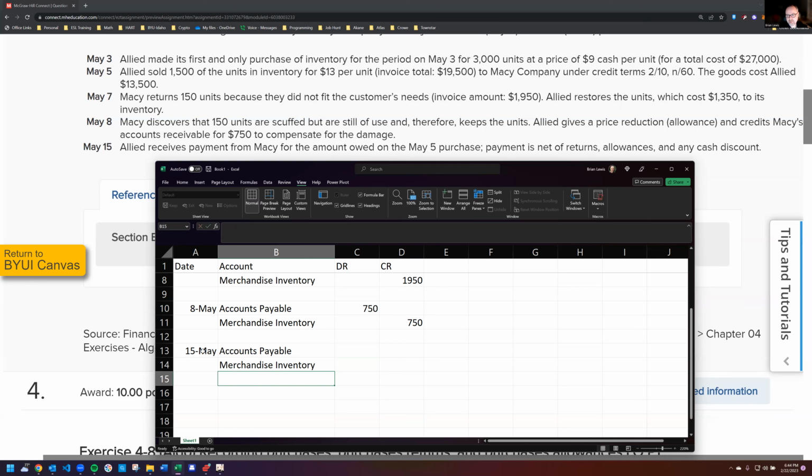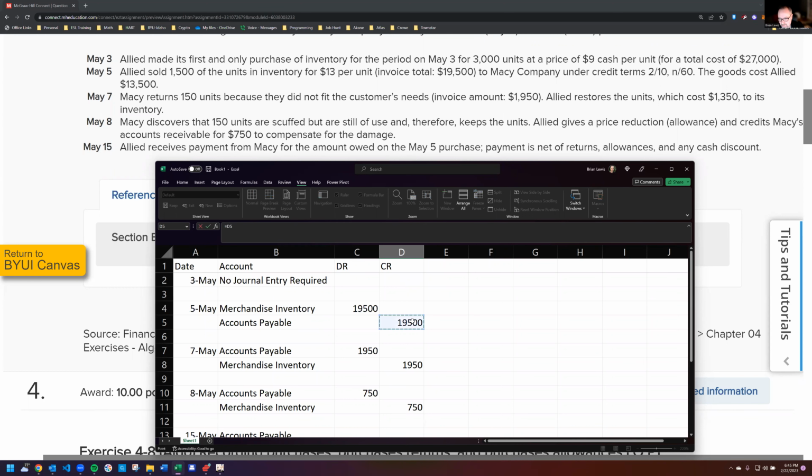And we also know that they paid with cash, so we got the cash. Now the cash might be the easy one to figure out, because the cash is going to be what they owe minus 2%. So what they owe is the original amount, the 19.5, minus this accounts payable, minus this, and you're going to take 2% off of it. So we're going to put a little brackets here.